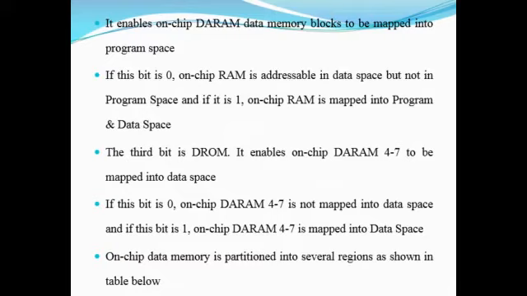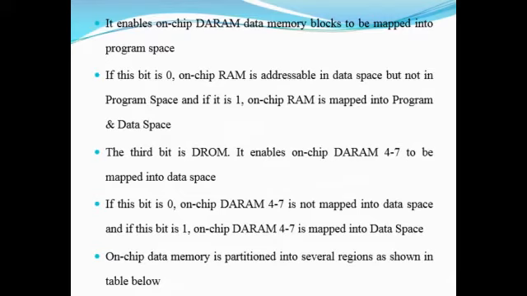The third bit is DROM. So the first bit is used for ROM, the RAM depends on the second bit, and DROM, that is dual access ROM, depends on the third bit.